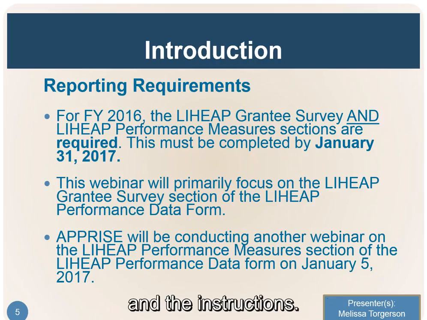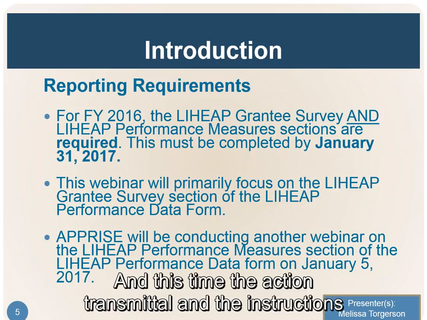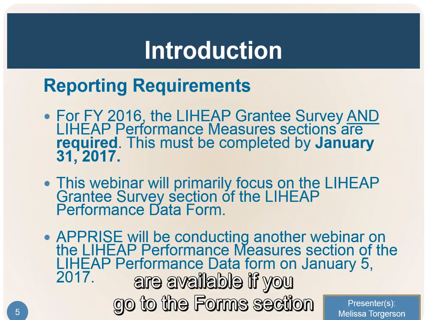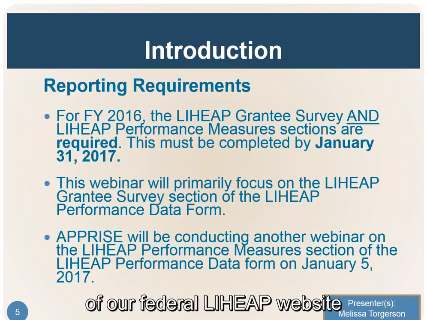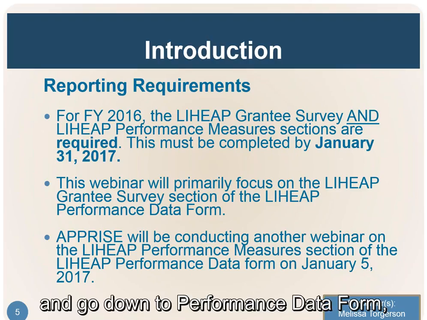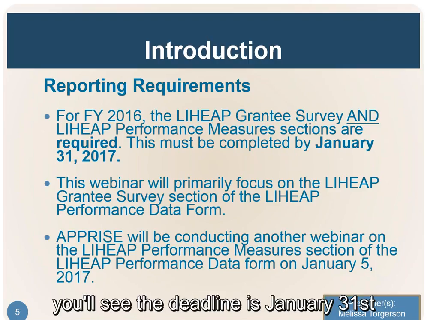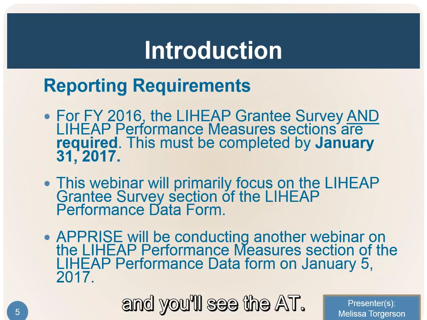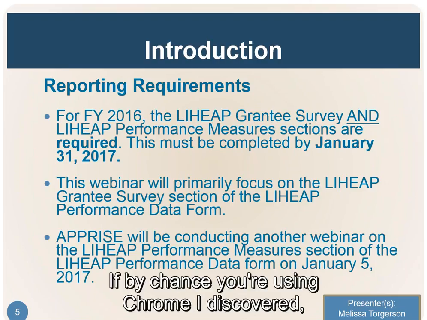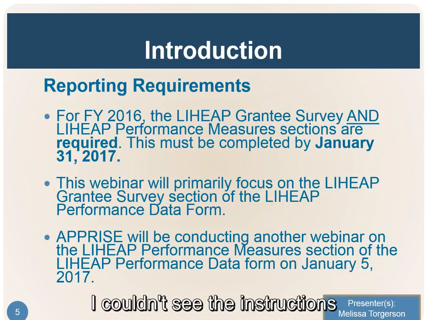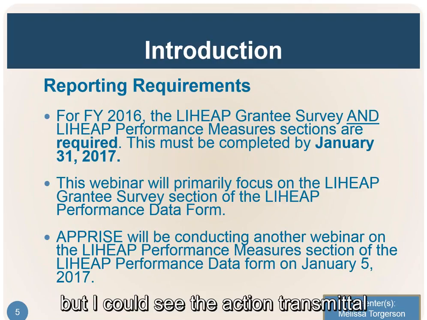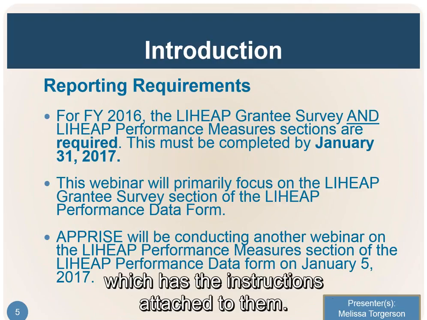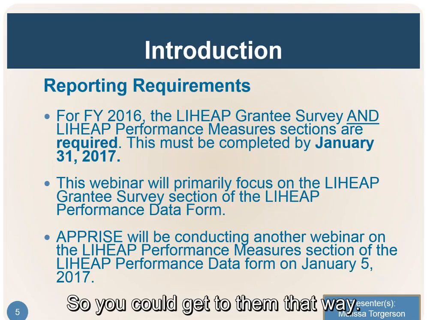This time the action transmittal and the instructions are available if you go to the forms section of our federal LIHEAP website and go down to Performance Data Form. You'll see the deadline is January 31st. You'll see the instructions, and you'll see the AT. If by chance you're using Chrome, I discovered I couldn't see the instructions, but I could see the action transmittal, which has the instructions attached to it, so you could get to them that way.